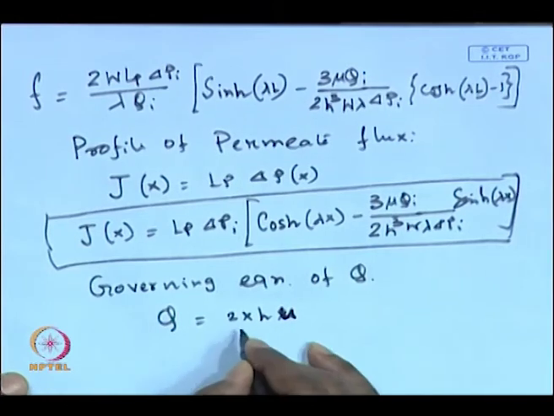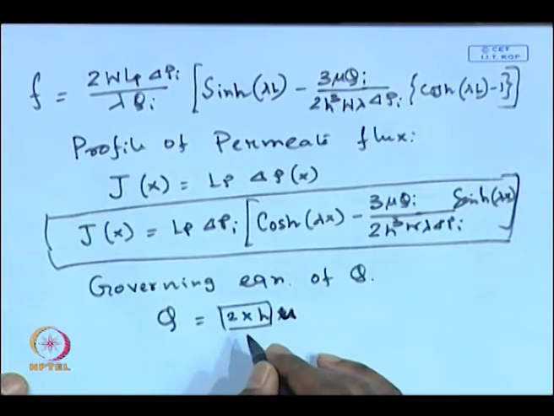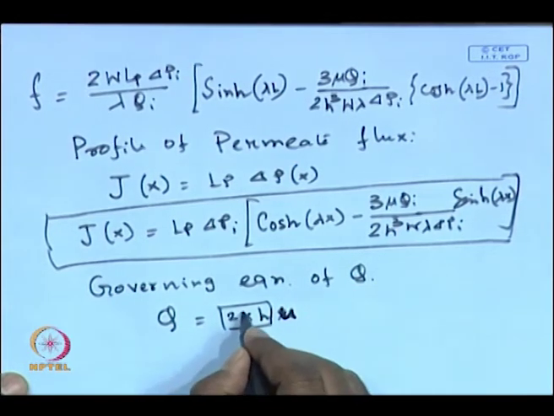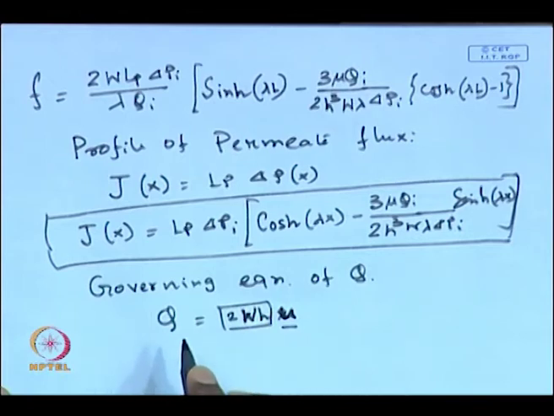And this will be the area, the cross sectional area. It should be W times H, width times height, not X. That becomes the cross sectional area of the flow multiplied by the U, that will be Q.